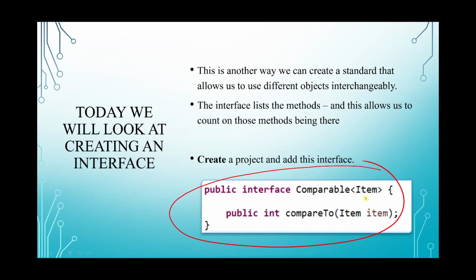So it's taking any type, as long as it is a non-primitive type. Non-primitive type means a type that can be instantiated, or that we can make objects of. So it takes any type and returns an int.